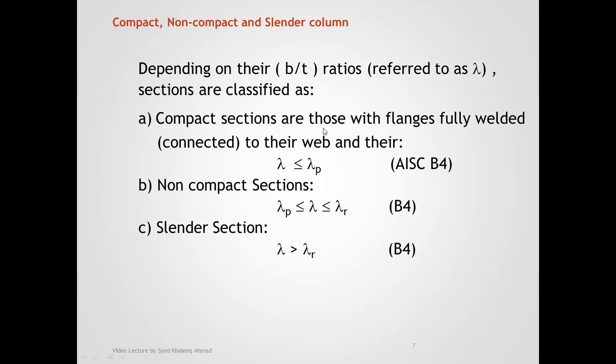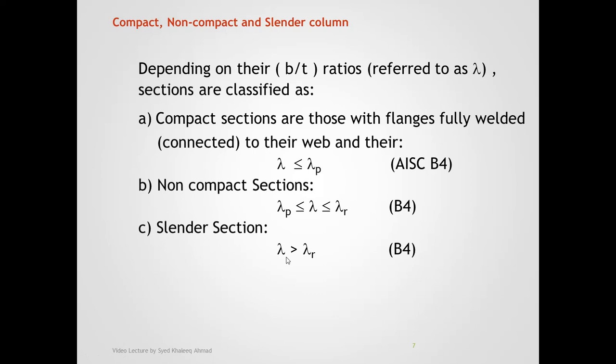Compact sections are those with flanges fully connected to their web, and in that case their lambda value is less than or equal to the specified value of lambda p, which you will see in the next slide. For non-compact sections, the value of lambda for the section is between lambda p and lambda r, and for slender section, the value of lambda for the section is greater than lambda r.